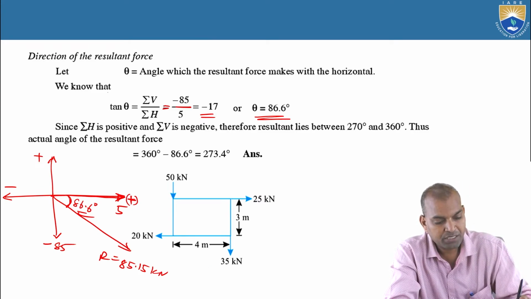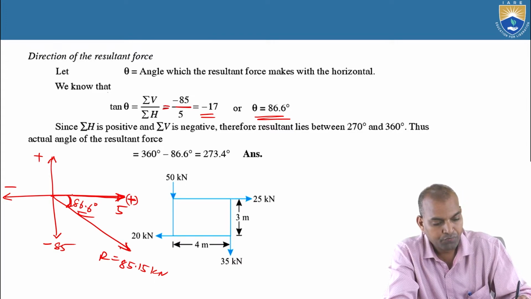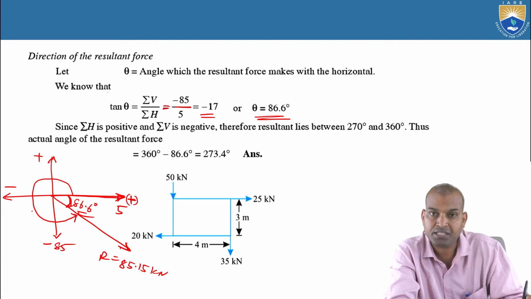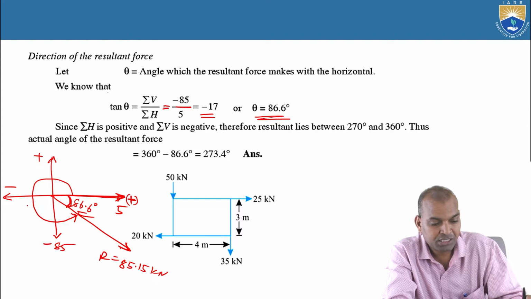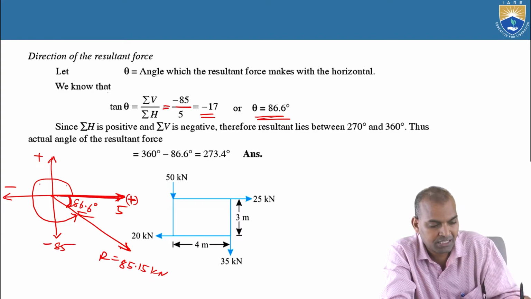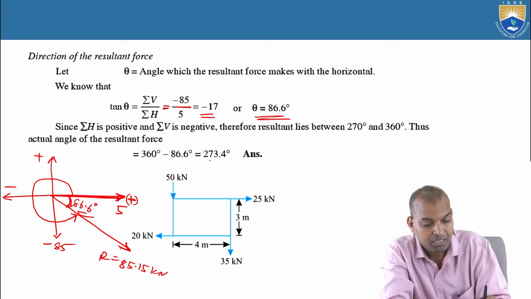This 86.6 is with the positive x-axis. If you want to find this angle, it is 360 minus 86.6, which is the angle at which the resultant force is acting with the horizontal axis. This is the theta actually, that is 273.4 degrees.